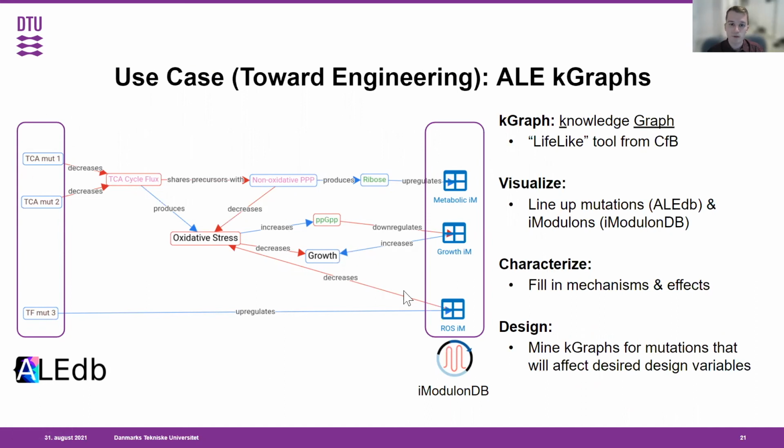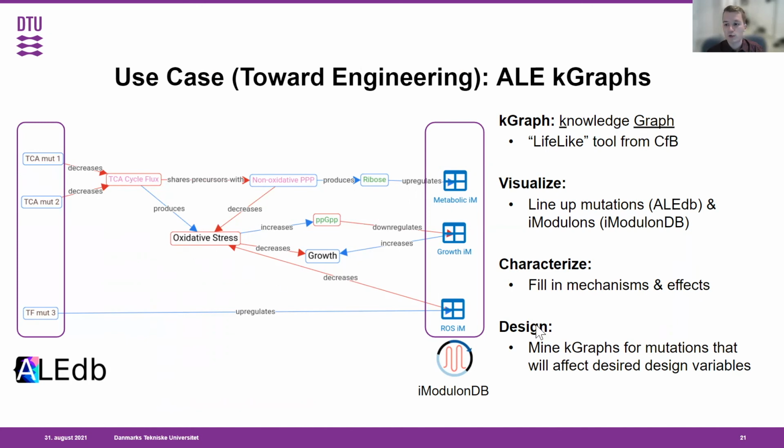In the middle, we can begin to fill out some mechanisms and guesses and predictions about what might connect these mutations to these iModulons and the phenotypes that we observe. For example, here we might have two mutations, and these are just generic ones, that might affect the TCA cycle, which might then lead into stressors like oxidative stress.